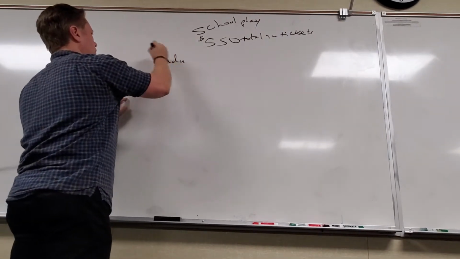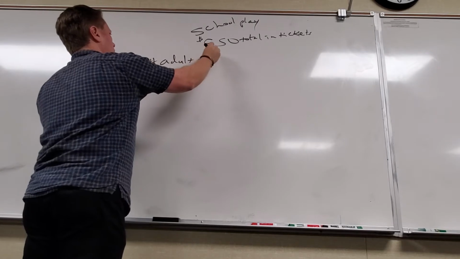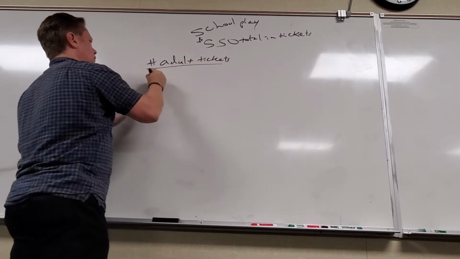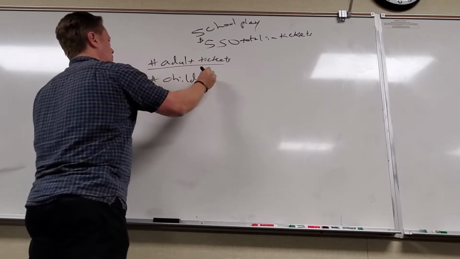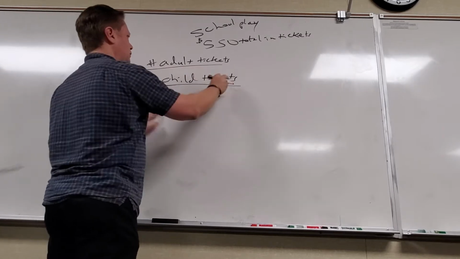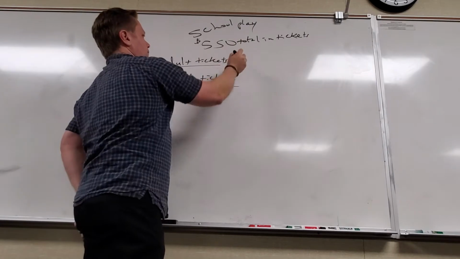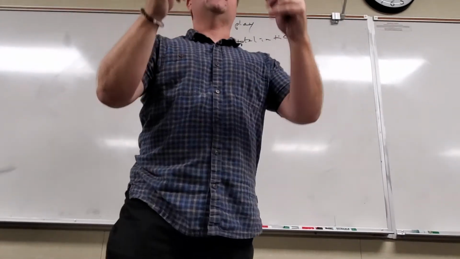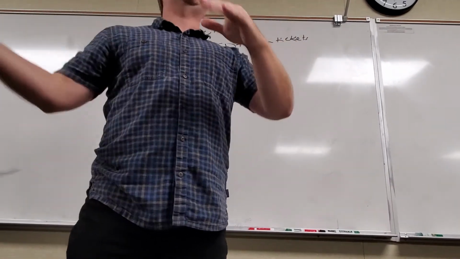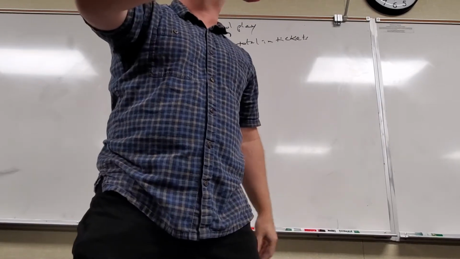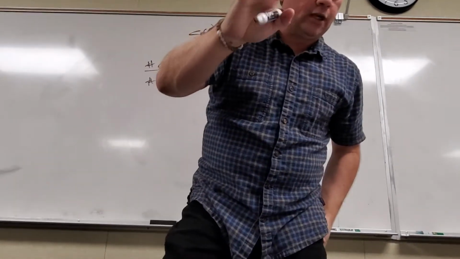The number of adult tickets, and the number of child tickets. Now that I got the English part written, now I worry about the relationship. Which one is going to be just X?